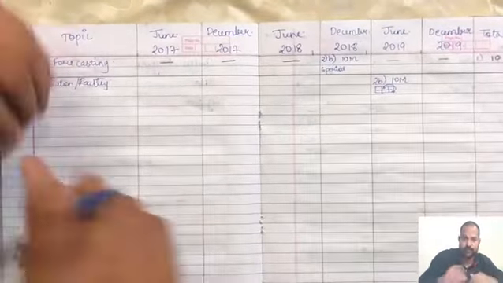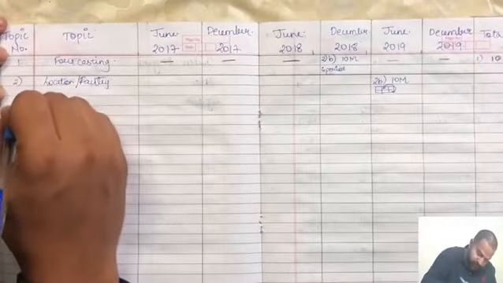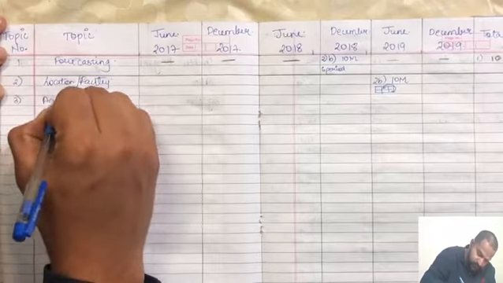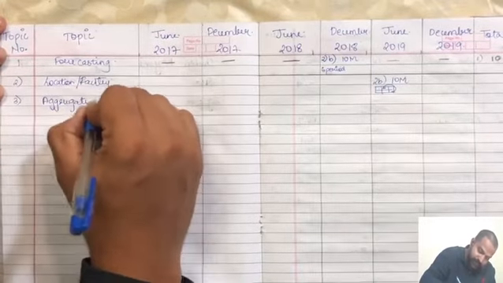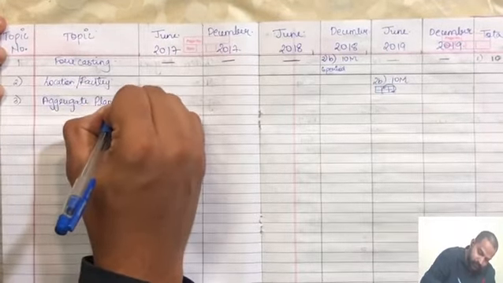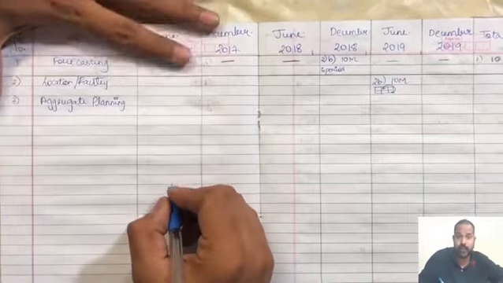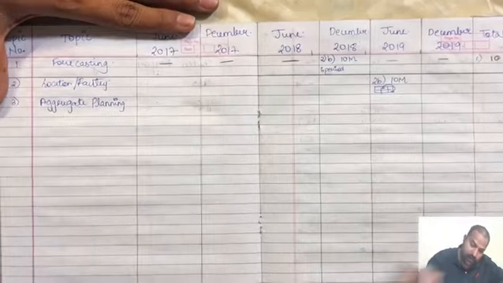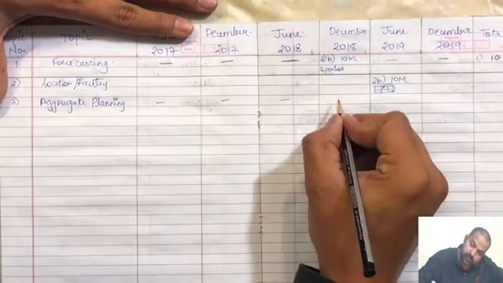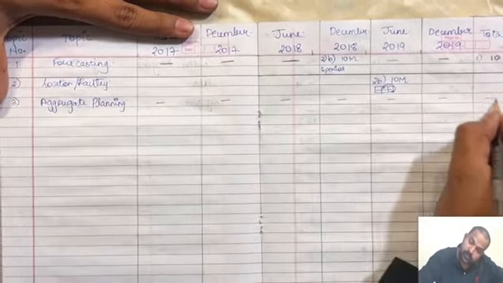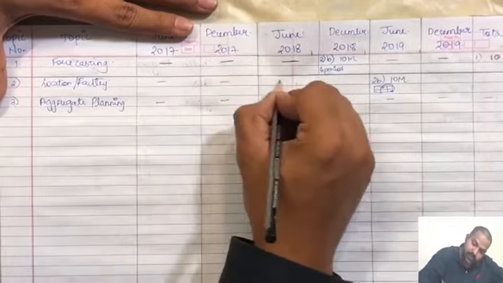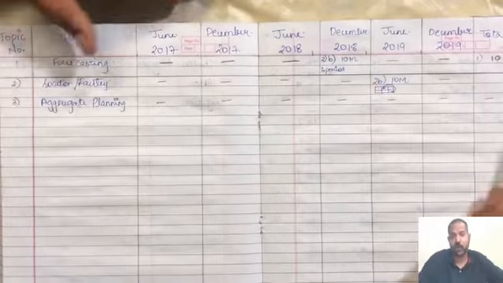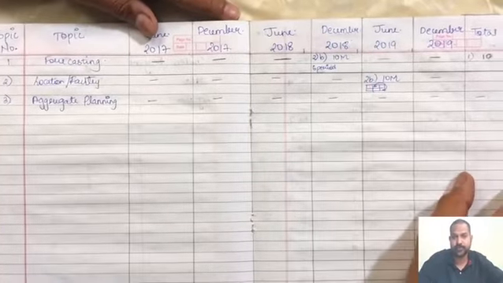So yeah, concept number 3, and that is aggregate planning. Now, aggregate planning has never ever been asked. Location and facility planning has been asked once, and that too facility planning was asked. Location planning hasn't been asked.